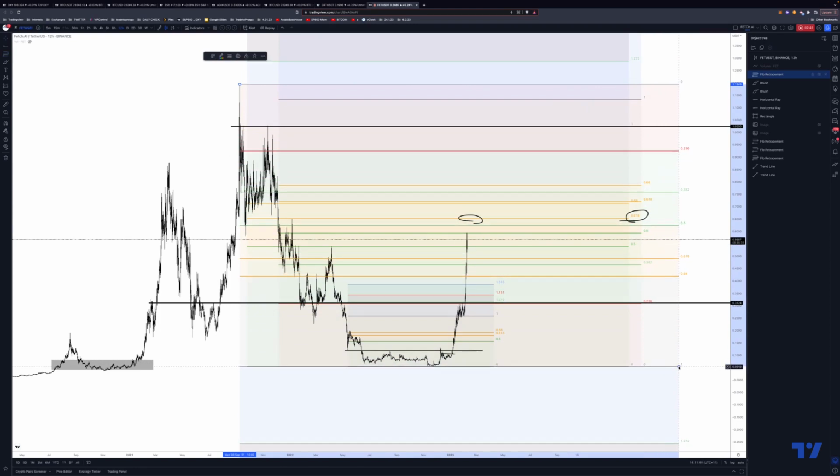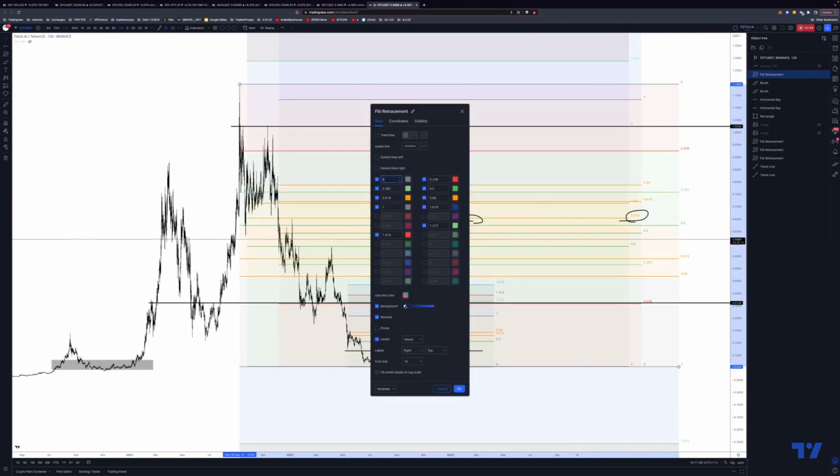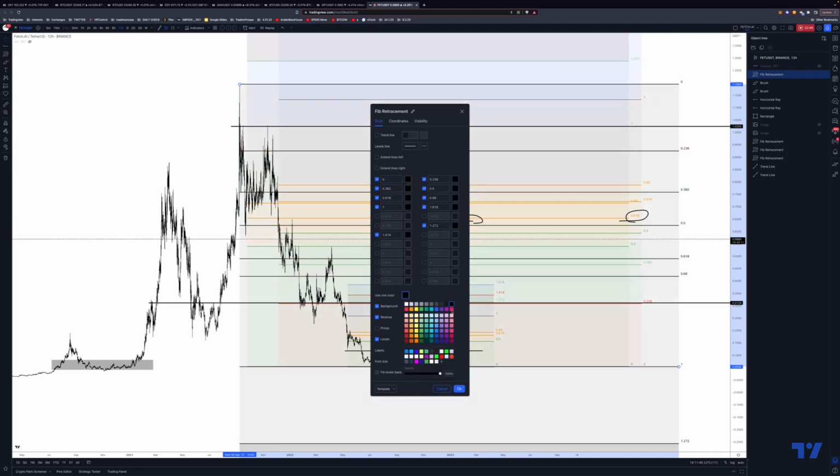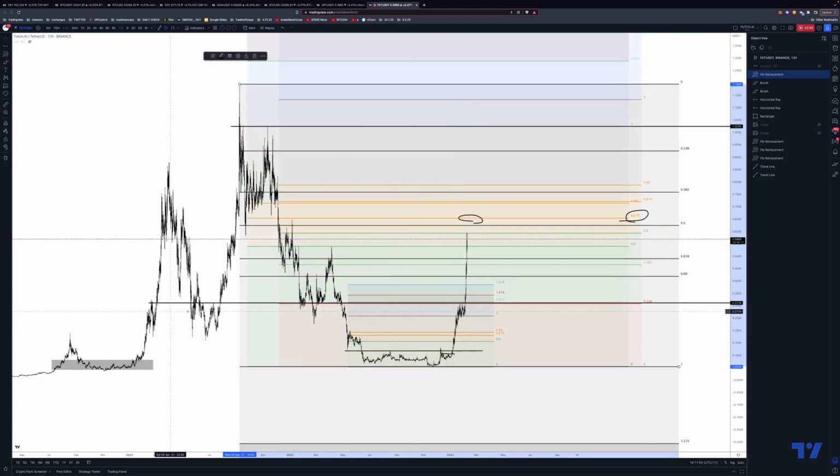Do we have anything there? Let's just make this black. Do we see? Okay, we see the 0.618 as resistance there. So the 0.5 could be a rejection area. And then we look across and we see that, yep, that equals that.